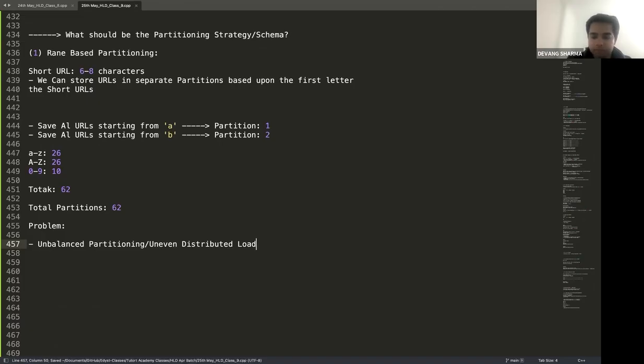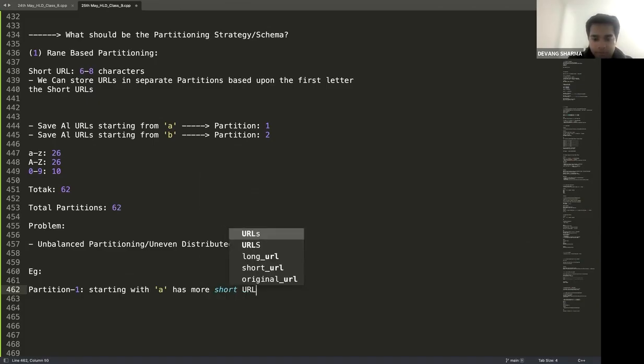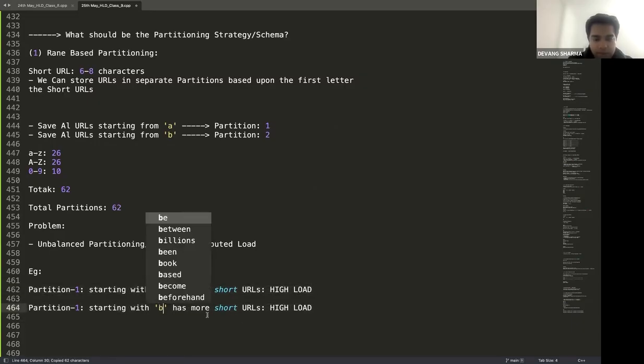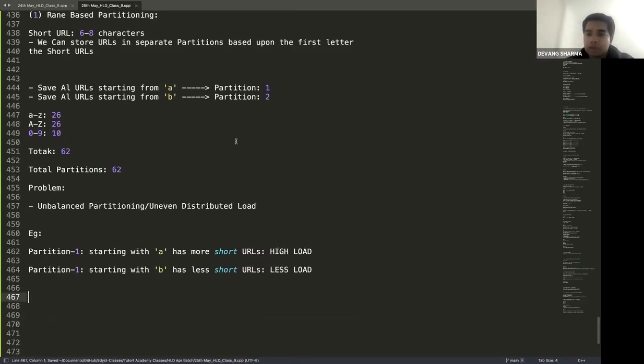Example, let's say partition 1, which is starting with A, has more short URLs. So it has high load, and the one starting with B has fewer short URLs. So it has less load. Okay. So this is definitely not a good partitioning criteria.